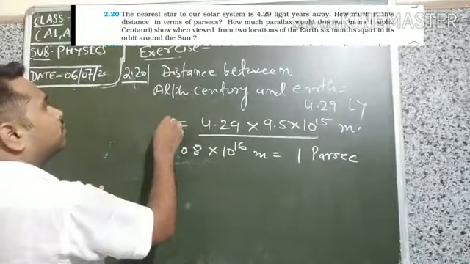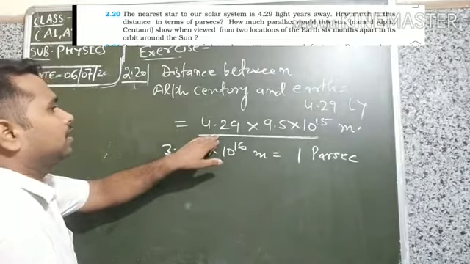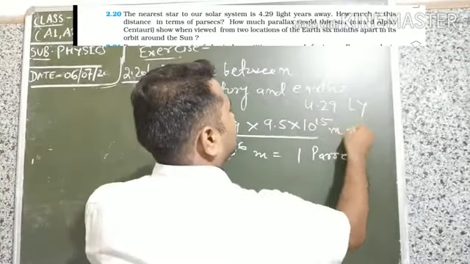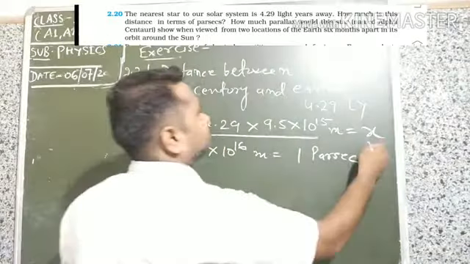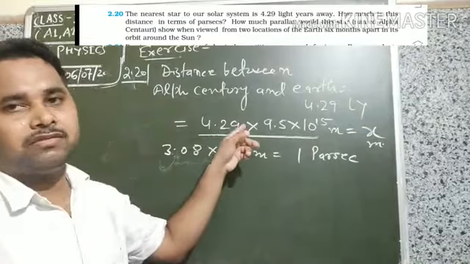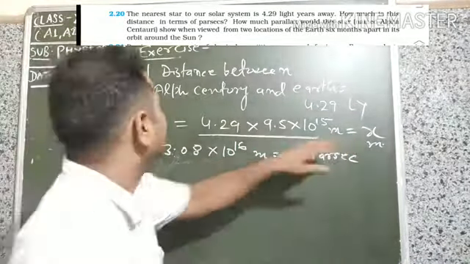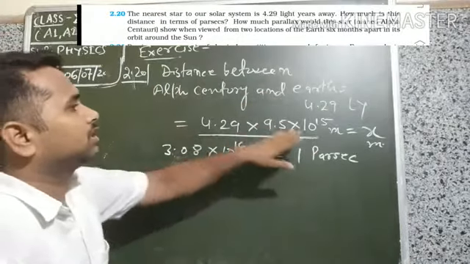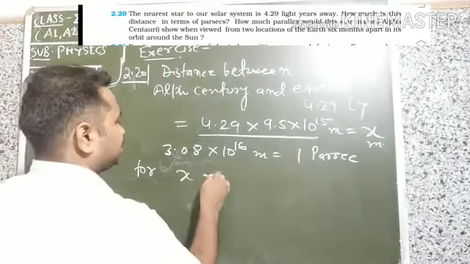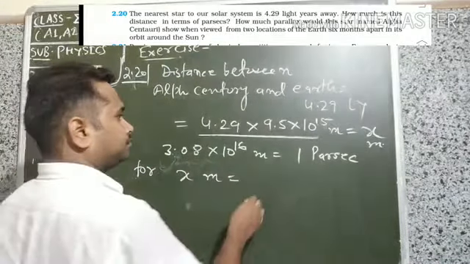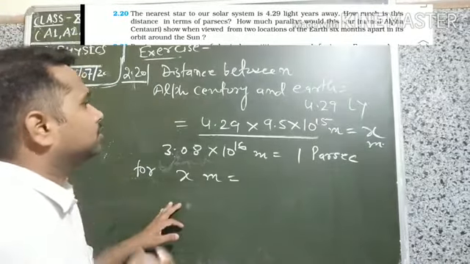Suppose for this distance it comes x meter. The calculation I am leaving here for you; you can calculate this. So x meter is the distance between Alpha Centauri and Earth in meter. Now we have to convert this into parsec.